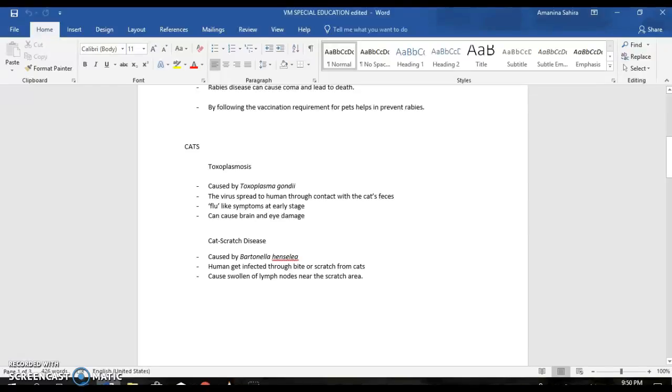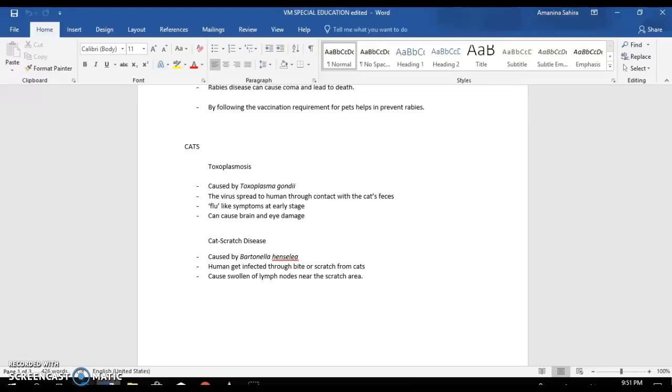It shows flu-like symptoms at the early stage, and then it causes brain and eye damage in the more chronic symptoms, or when it is at the late stage.